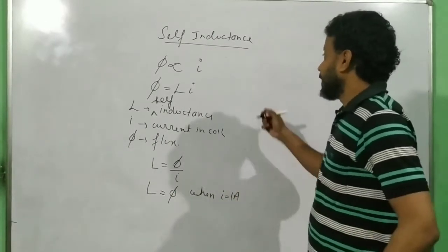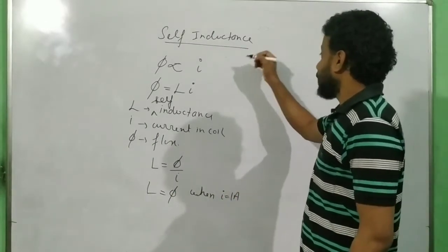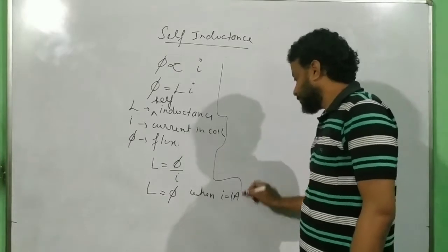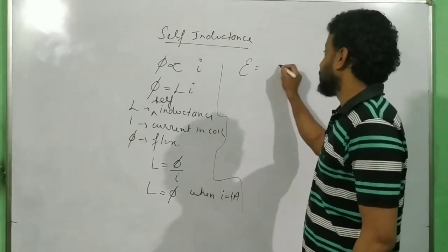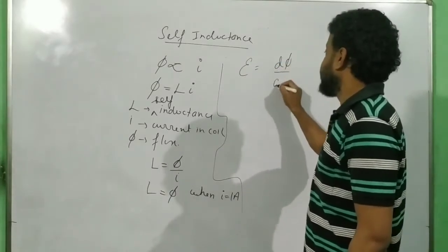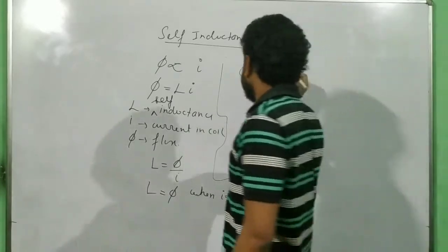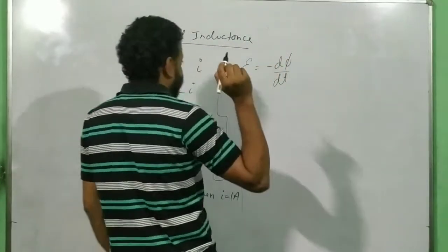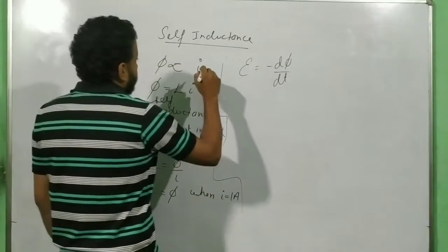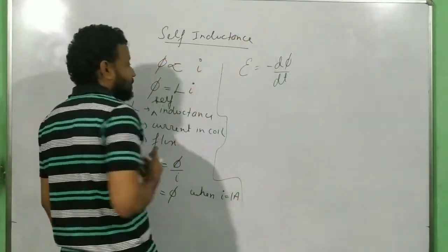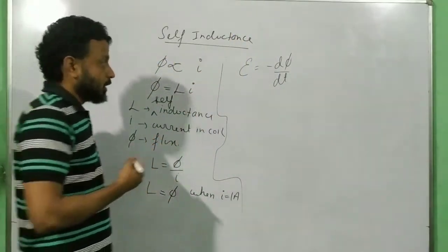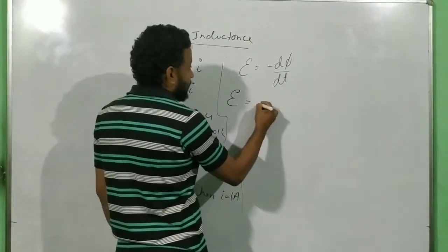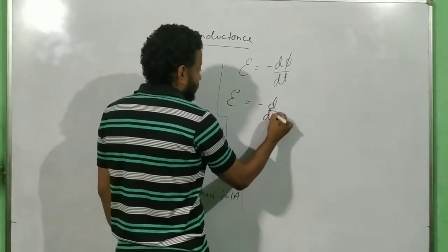Now I also know one thing, that EMF is equal to d phi by dt. And if you want to put a minus sign, you can put a minus sign whenever you are defining it, where the minus sign signifies that the induced EMF will try to oppose the cause. Now, what is phi?